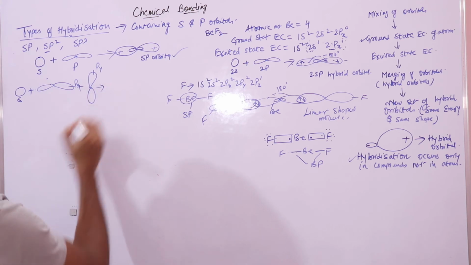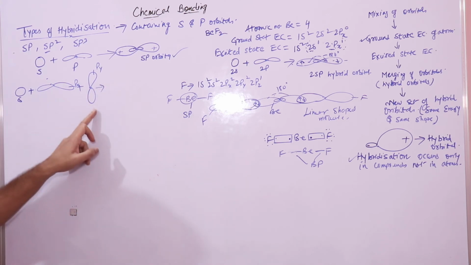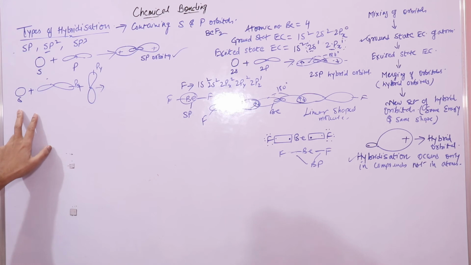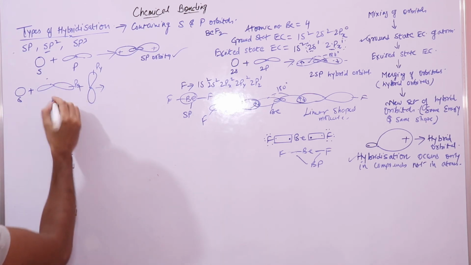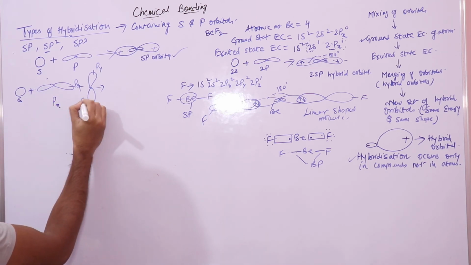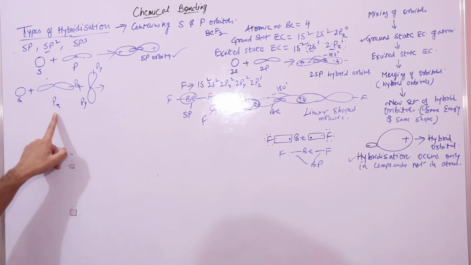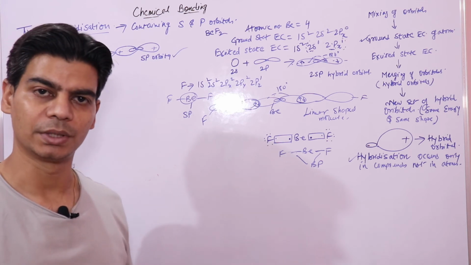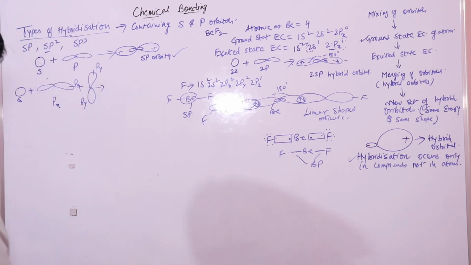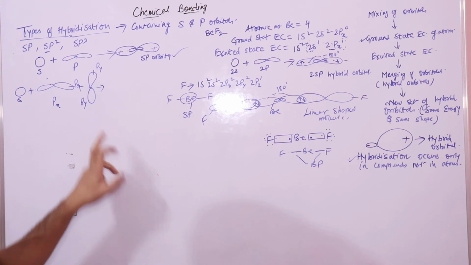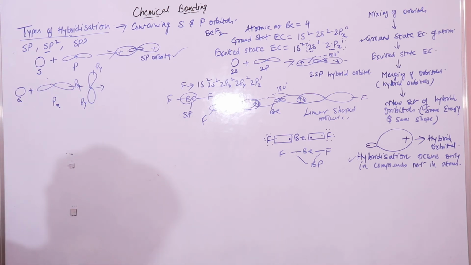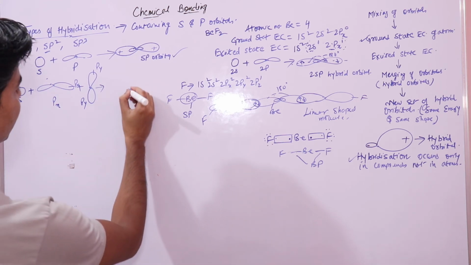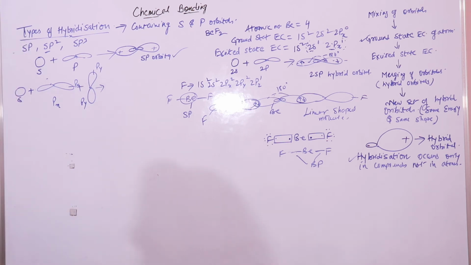So these are 3 orbitals. When 3 orbitals mix and merge, they will form a set of 3 hybrid orbitals, because the number of hybrid orbitals is equal to the number of orbitals undergoing mixing or merging, right? So it would be like this. The sp2 hybrid orbitals will look like this.